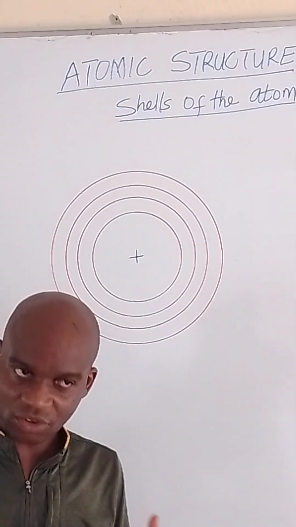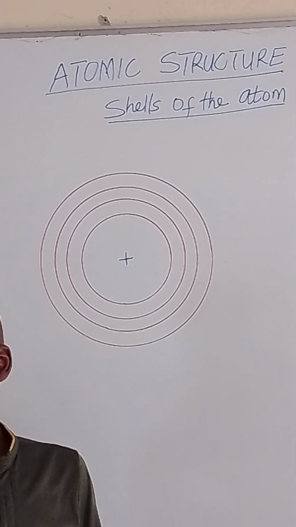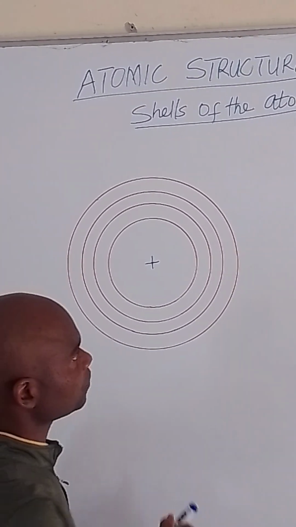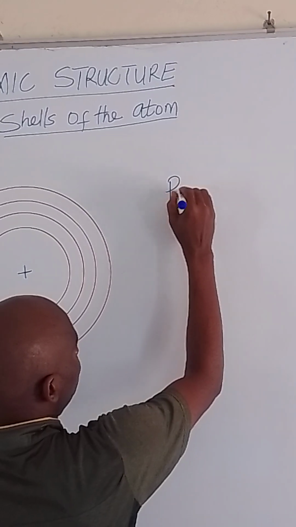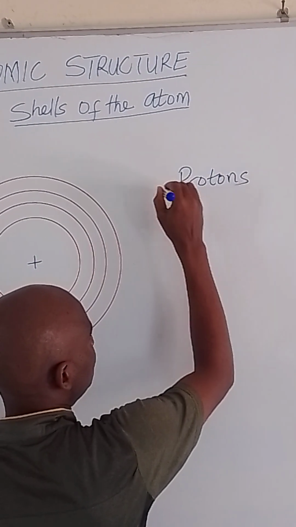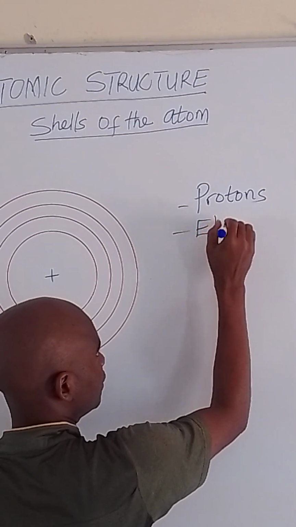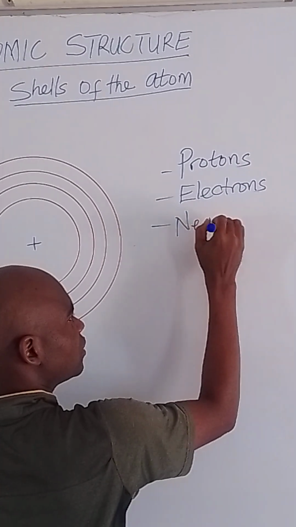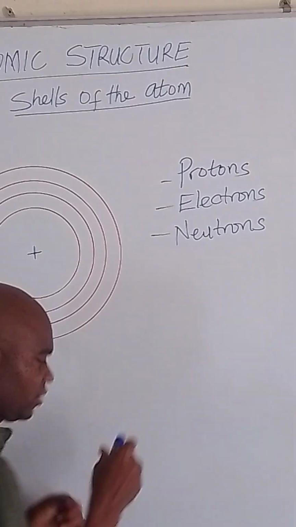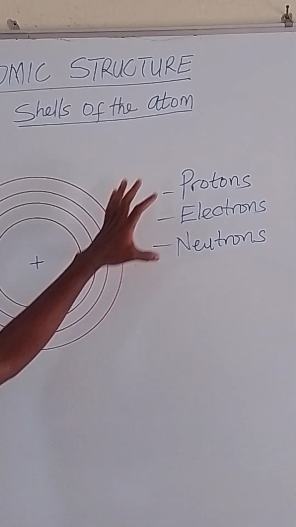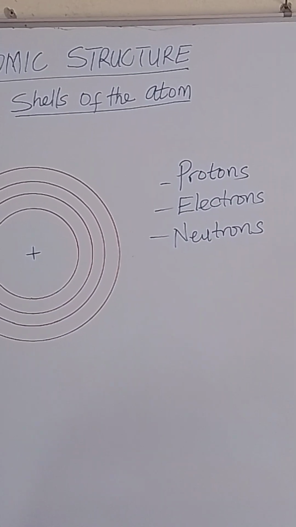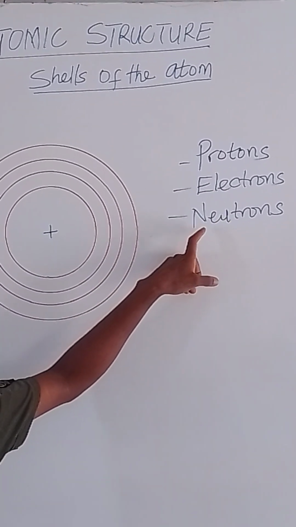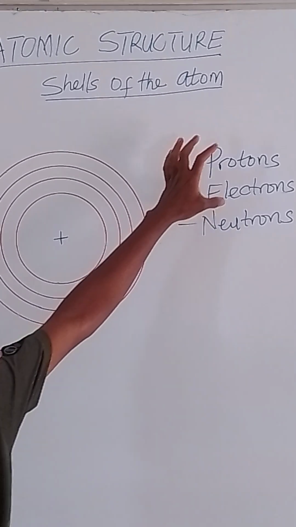We were also taught that the atom has three fundamental particles, which are the protons, the electrons, and then the neutrons. So these are the three fundamental particles that make up the atom: protons, electrons, and neutrons.